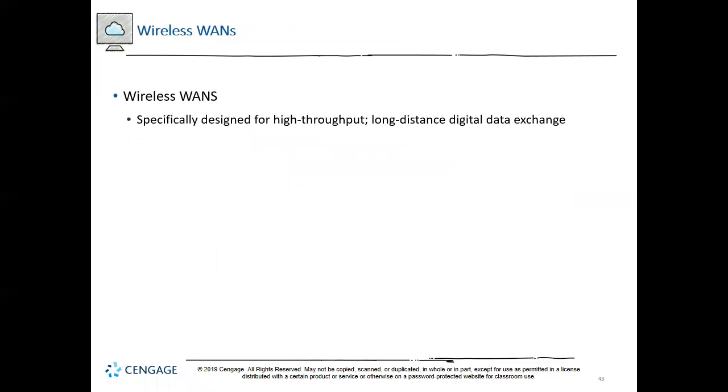Okay, so the idea on wireless WANs. We're thinking of wireless in a LAN situation, but what about for a WAN? Because remember, a WAN is for long distance. So what kind of non-wired service could we use for a great distance to connect two LANs together and have a big enough bandwidth so that would work?